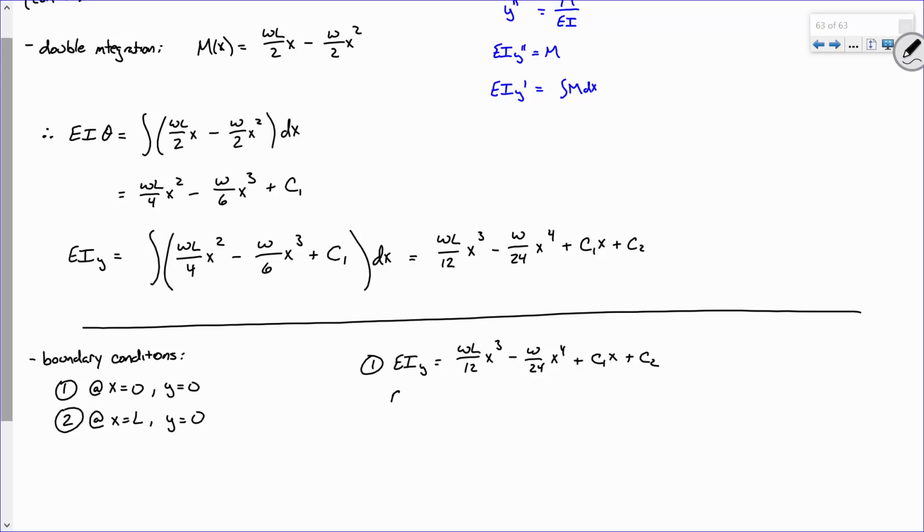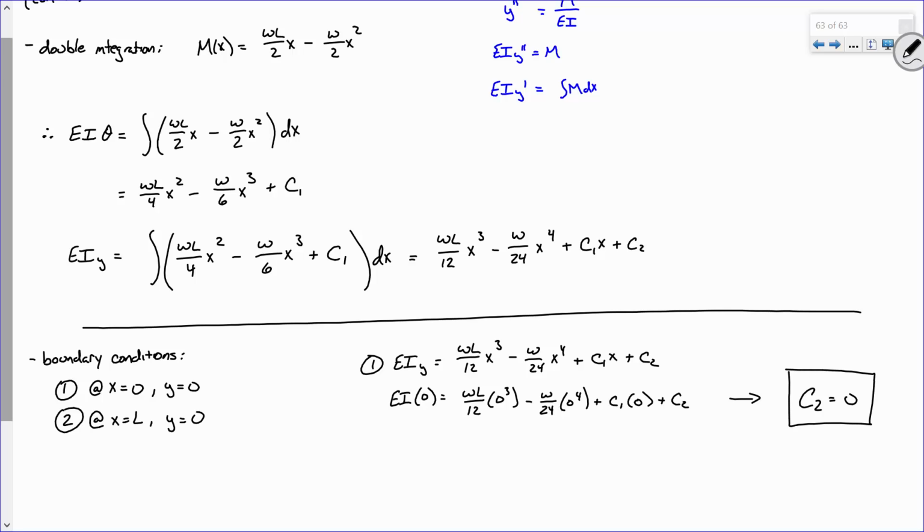EI times y, what is y? 0, equals WL over 12 times 0 cubed, minus W over 24 times 0 to the fourth, plus C1 times 0 plus C2. What does that tell us? Simple one, right?